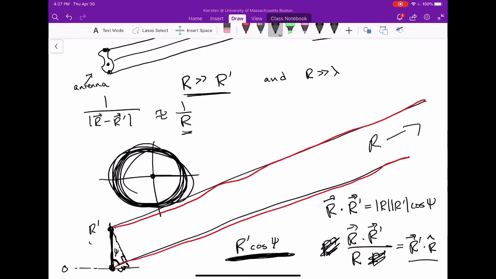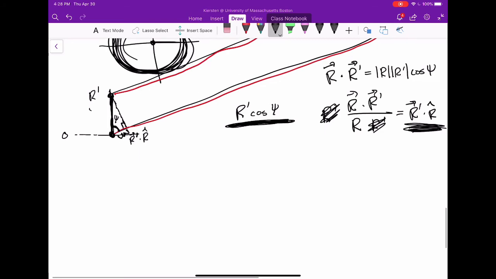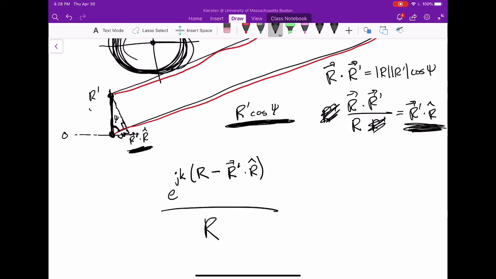So if I take all that and I put it back in the argument of my propagation factor, I get e to the j k r minus this little length here. That's the difference between the length of these two rays. So r prime dot r hat. And then on the bottom we just got r.